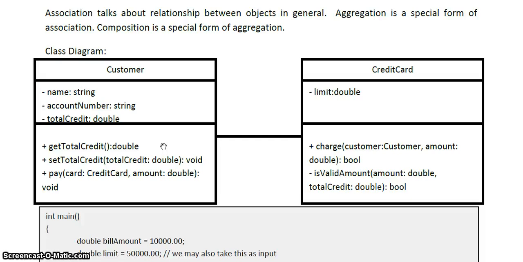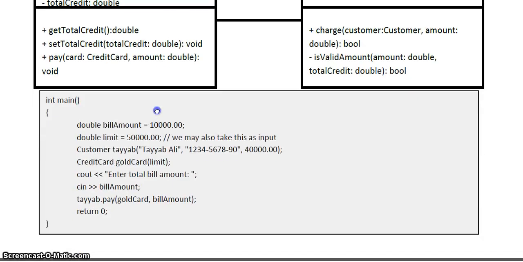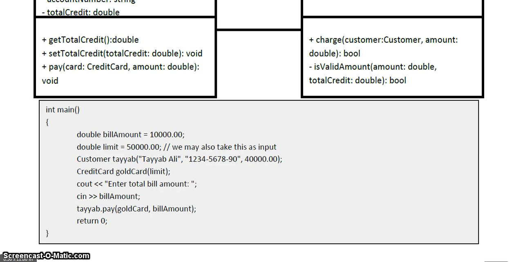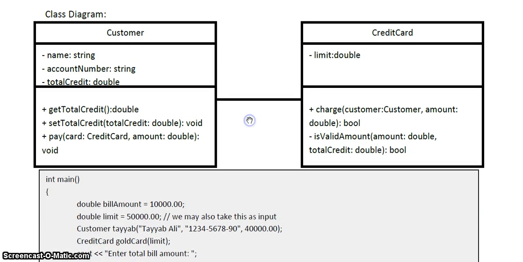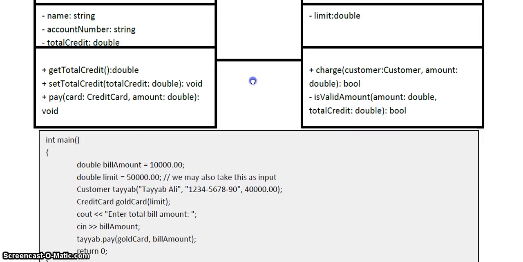So customer class, and the minus is for private and plus is for public. The initial step should be that we draw a class diagram. Then we should translate this into code. Here, the code for this example can be seen in the lecture 20 source code.